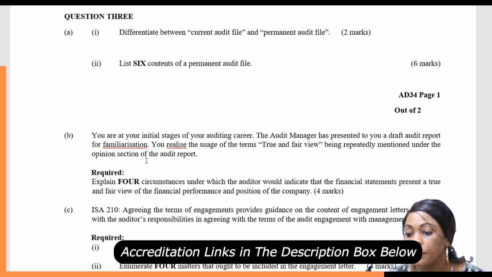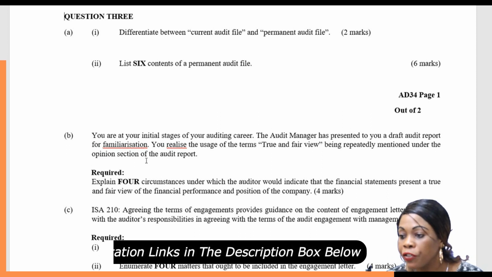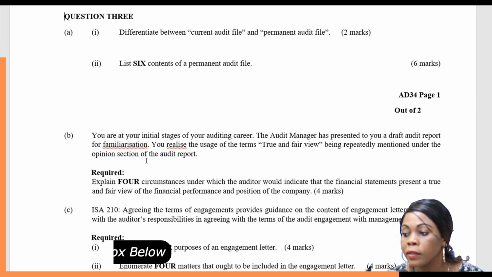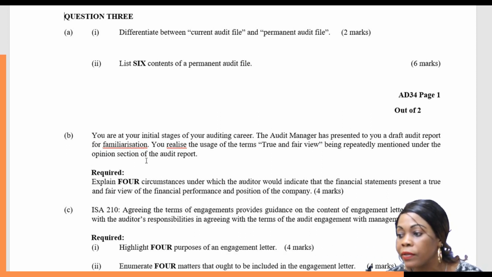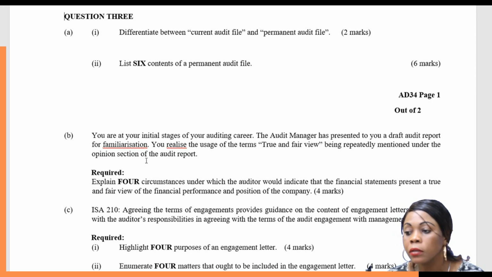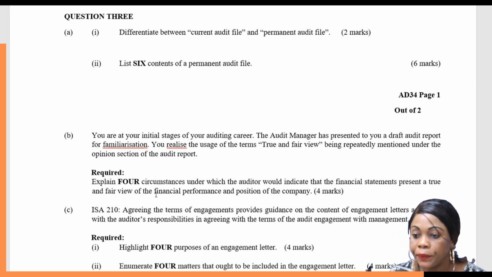Required: explain 4 circumstances under which the auditor will indicate that the financial statement presents a true and fair view of financial performance and position of the company.